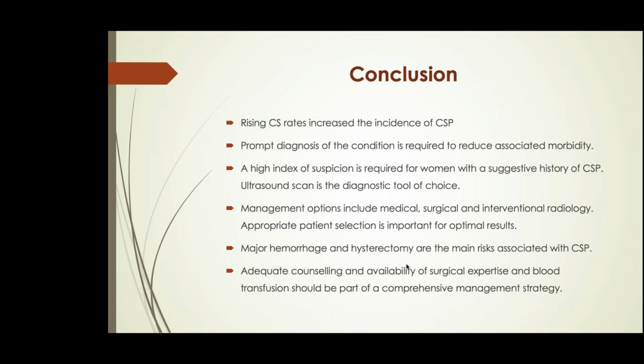Management options include medical, surgical, and interventional radiology, and appropriate patient selection is important. Major hemorrhage and hysterectomy are the main risks associated with scar pregnancy. Adequate counseling and availability of surgical expertise and blood transfusion should be part of a comprehensive management strategy.